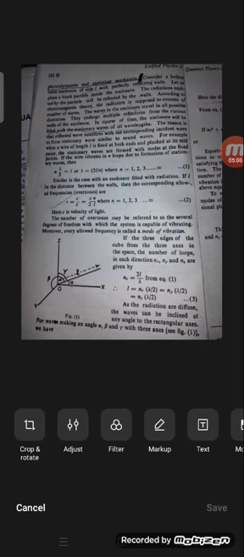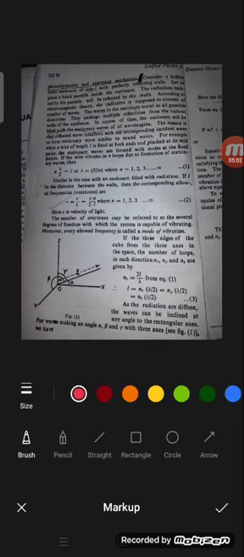Now let us use the formula of stationary waves. When a wire of length L is fixed at both ends and we pluck it, the formation of waves will be seen. They can form a number of loops, like n loops.